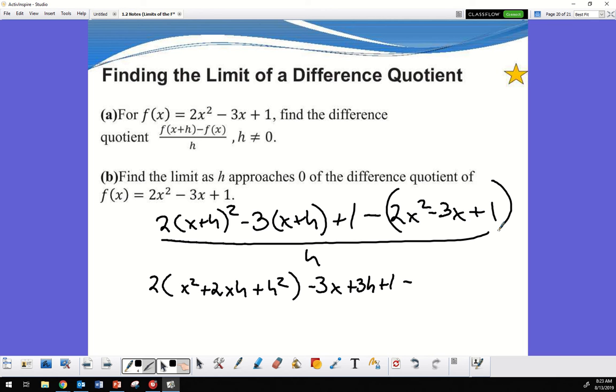That means I have to distribute a negative into the entire thing. That's going to be one of the key trip ups as you guys are doing this. So let's go ahead: minus 2x squared plus 3x minus 1. All that's going to be over h, but I'll leave that in a minute because I'm almost done.